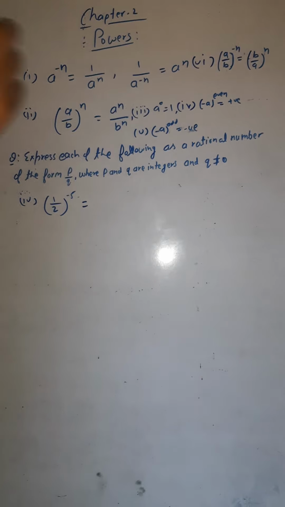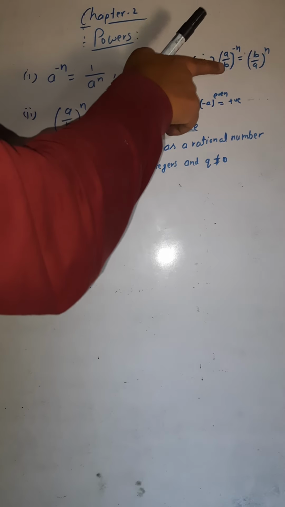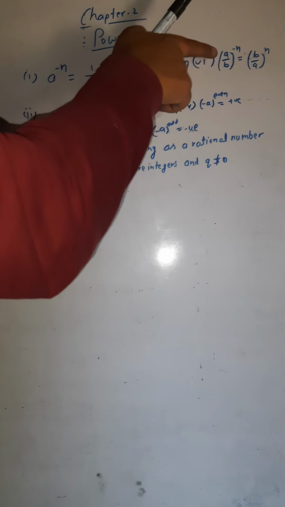If you want to make this power positive, you would reverse the fraction inside. So you would write a by b as b by a, raised to the power n. Are you getting this? Yes. So this one we would be applying here also.